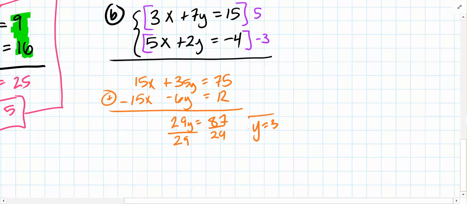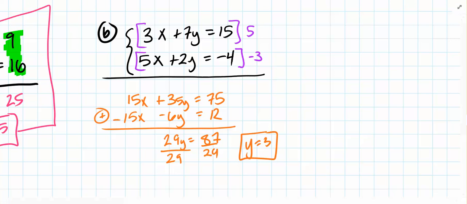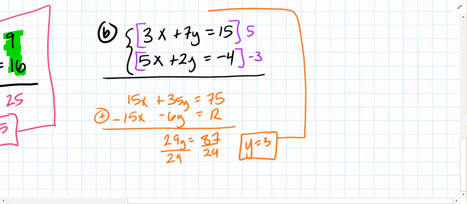Are we done? No, we go right back here. We plug in a y there. X would be what? Did you guys figure it out? X equals -2. I got negative 2 out of this, okay?